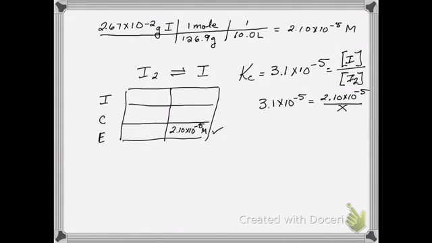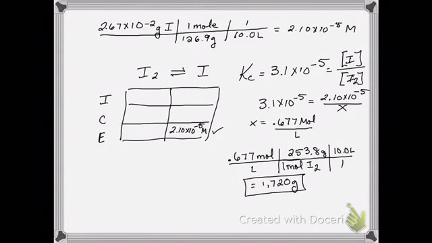So remember, when you solve for x, you're going to get molarity. You need to go back and change that to moles, and then change the moles to grams. Let's do it. I got an answer of 1,720 grams.